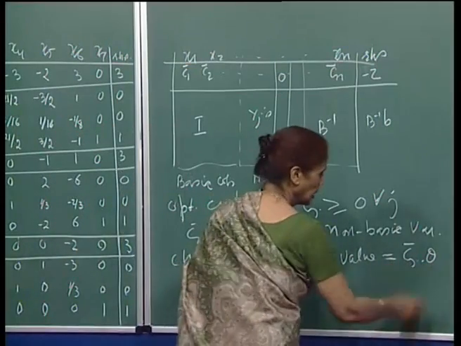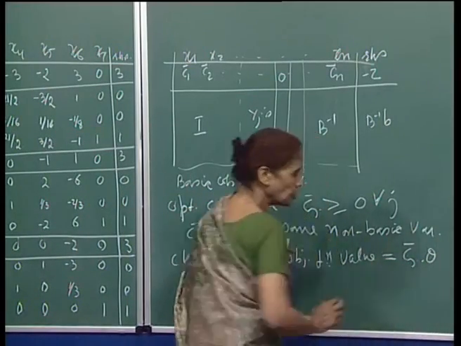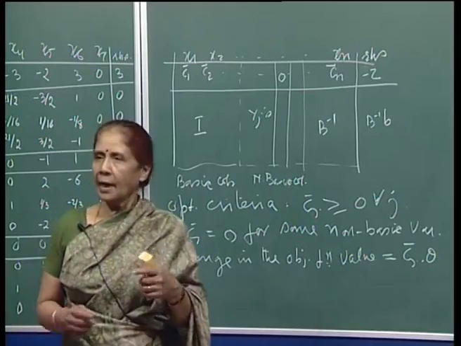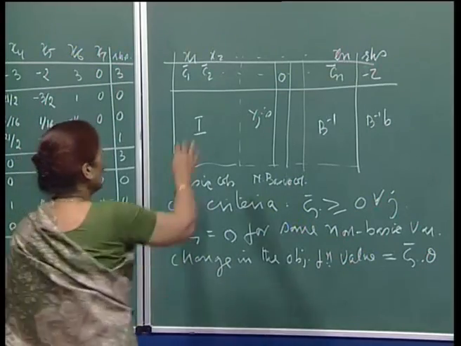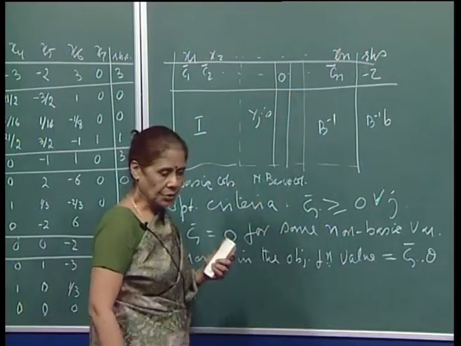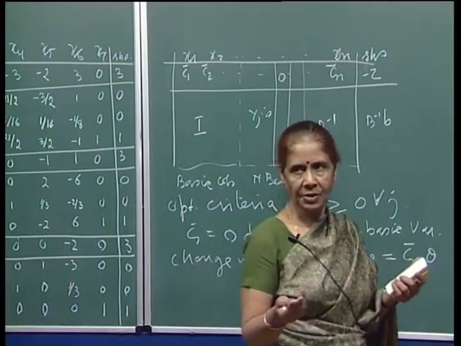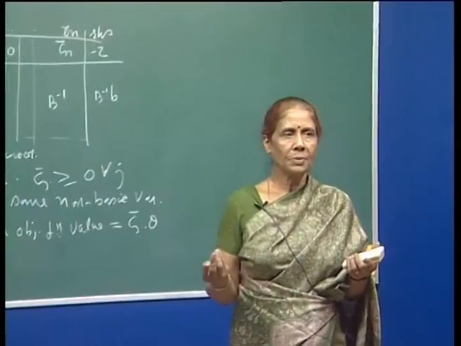So, this is the total. If Cj bar is 0, the value of the objective function is not going to change, and that is what should happen, because we are saying that we are at an optimal solution. So, we have the best value of the objective function possible among all the feasible solutions.